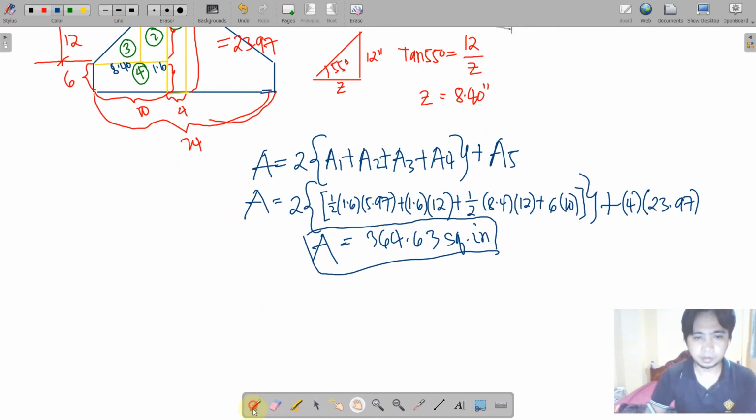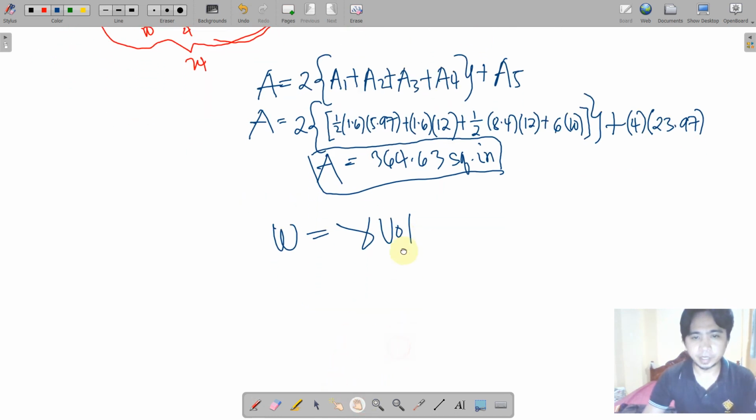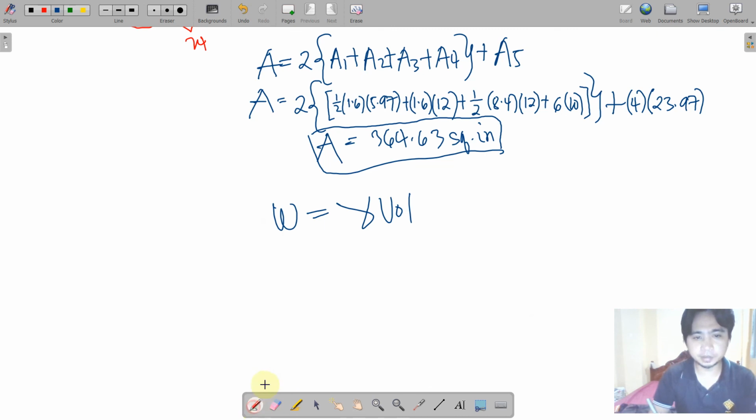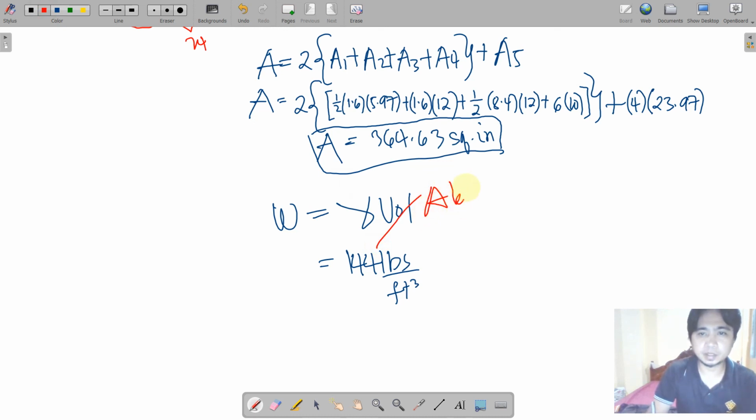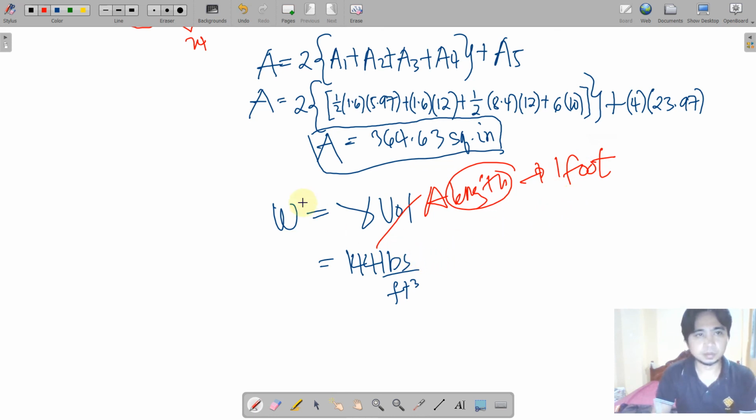Okay, so therefore weight is gamma times volume, so that gamma here is 144 pounds per cubic foot, and then volume is area times length, and length is set to be a 1 foot strip. Okay, so we'll just have to place that one for a while.